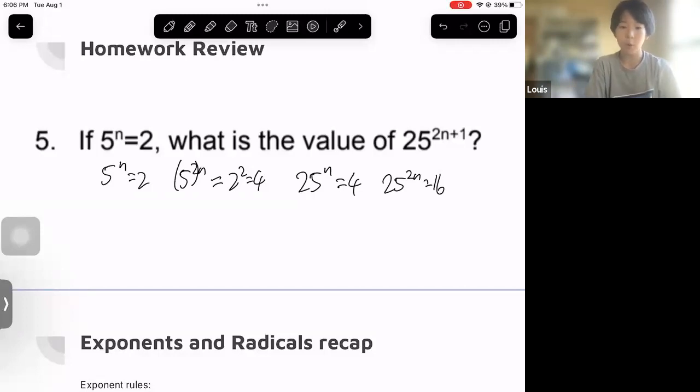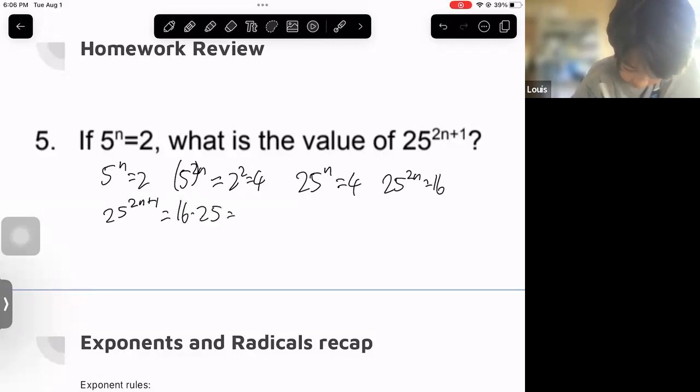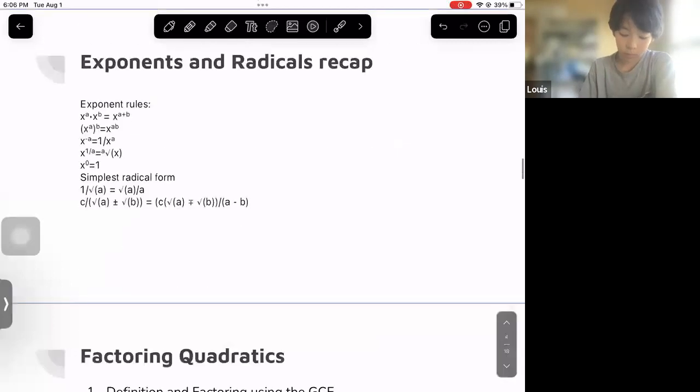So we just multiply both sides by 25, which gives us 25 to the 2n plus 1 would equal 16 times 25, which is 400. Questions? No, then I'll move on.